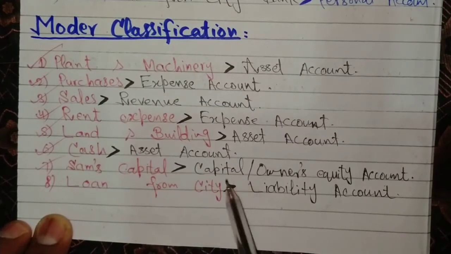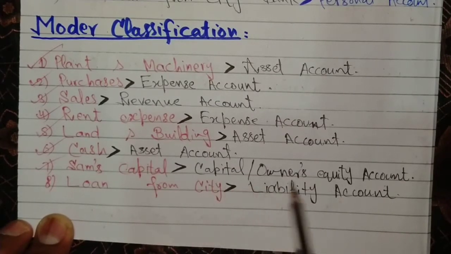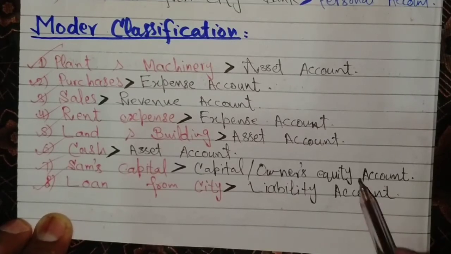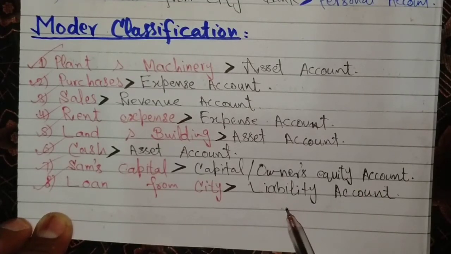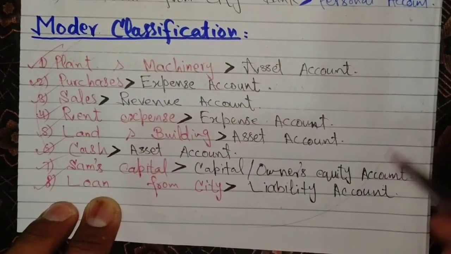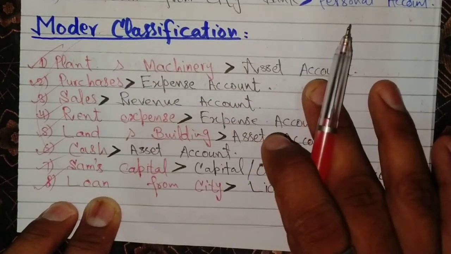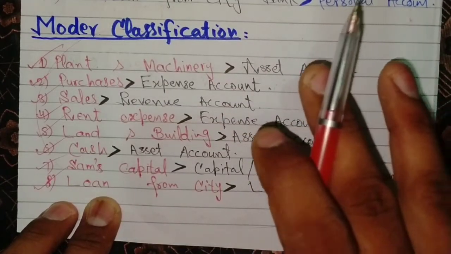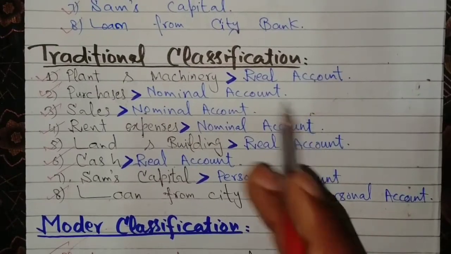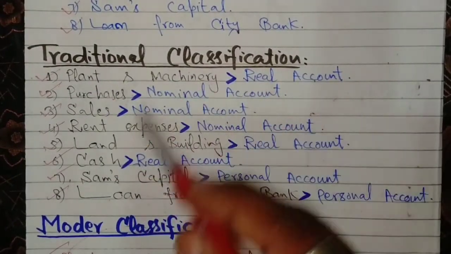Sam's capital will be considered a capital or owner's equity account. Loan from Citibank will be considered a liability account for any business or organization. These are the terms which will be used today in modern accounting, not the traditional or previous approach.